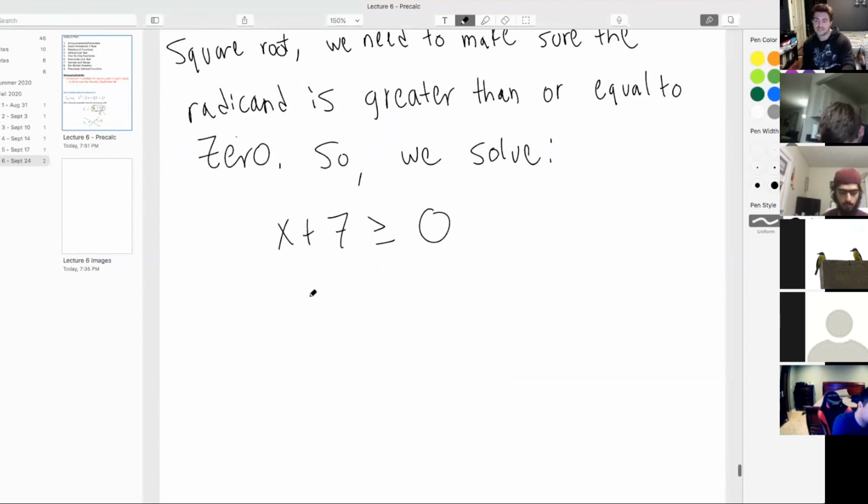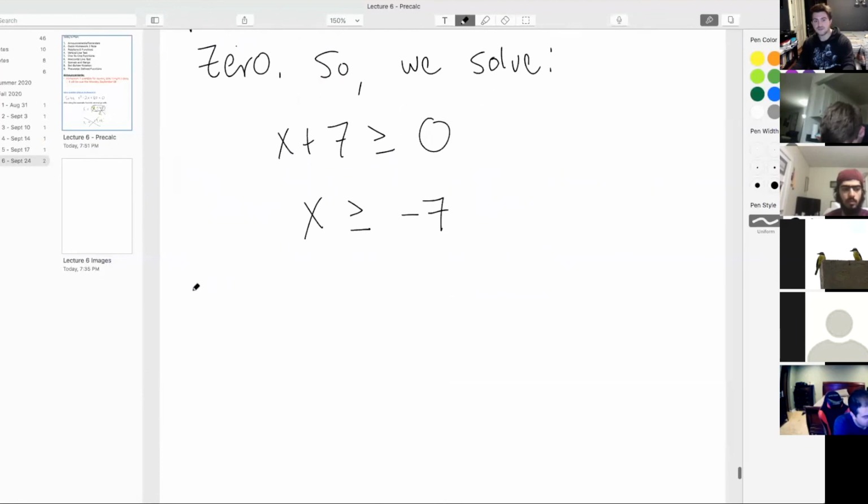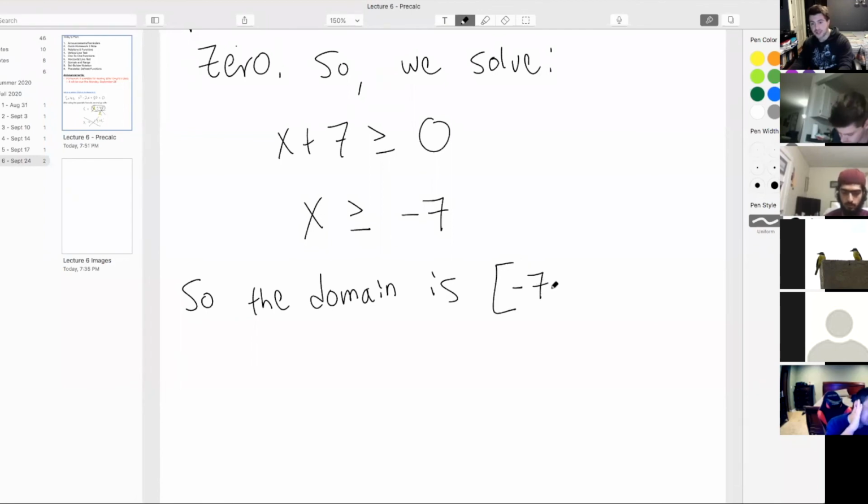This is an easy inequality to solve. Subtract 7 from both sides: x is greater than or equal to negative 7. Now just put it in interval notation. The domain is all numbers greater than or equal to negative 7. We're allowing negative 7, so I put a square bracket.